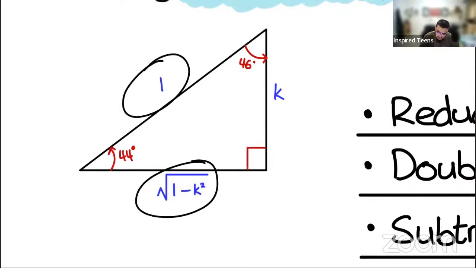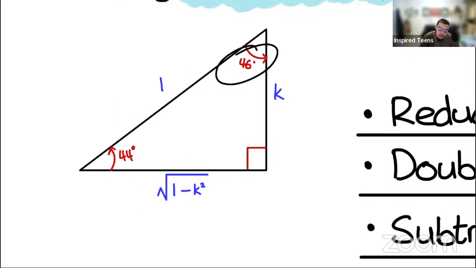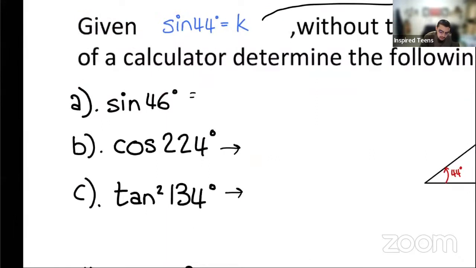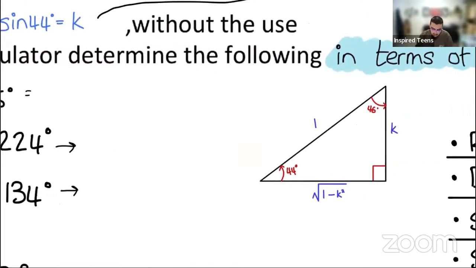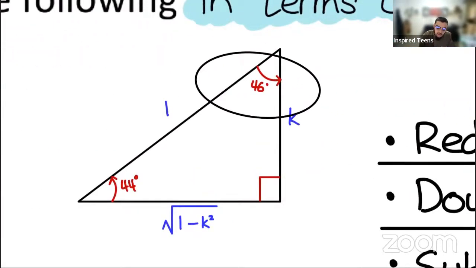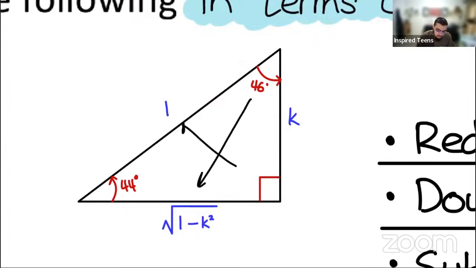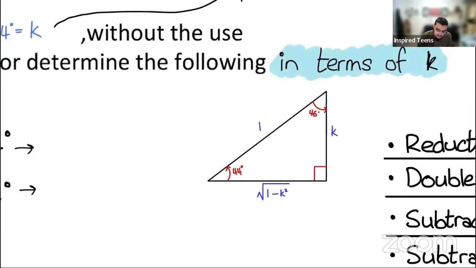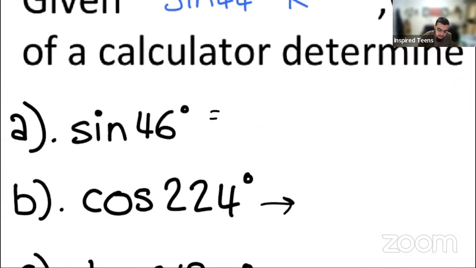This over that, because again we're working with 46. You see the first question already wasn't working with 44; the angle that was given was 46. That's why we should complete the angles of the triangle, so that we can visually see that's where 46 is, it's in our triangle, so we can work with it. So opposite over hypotenuse is root 1 minus k squared over 1.